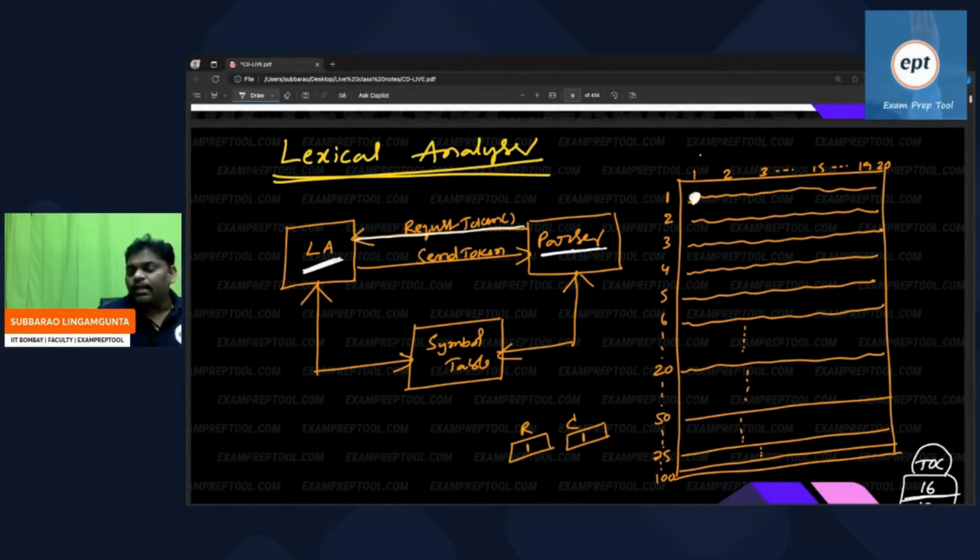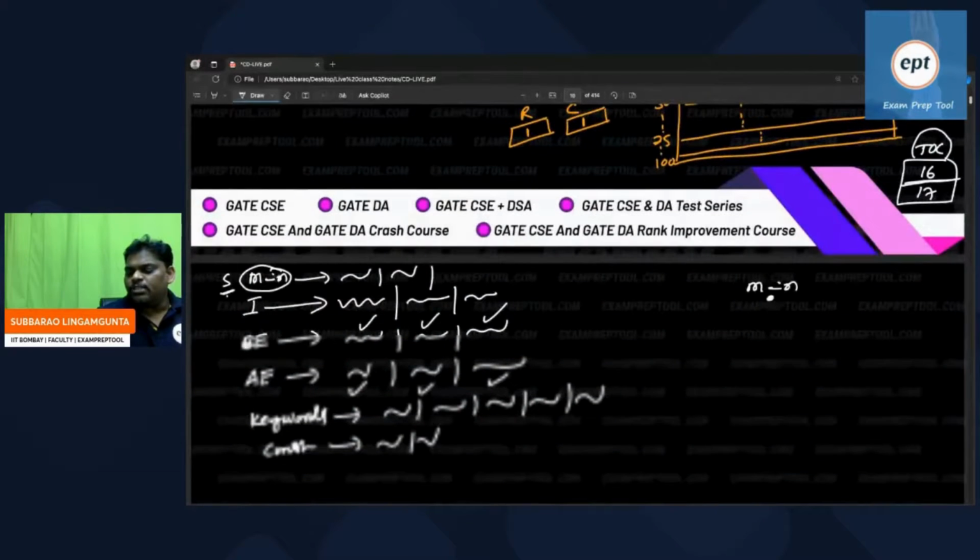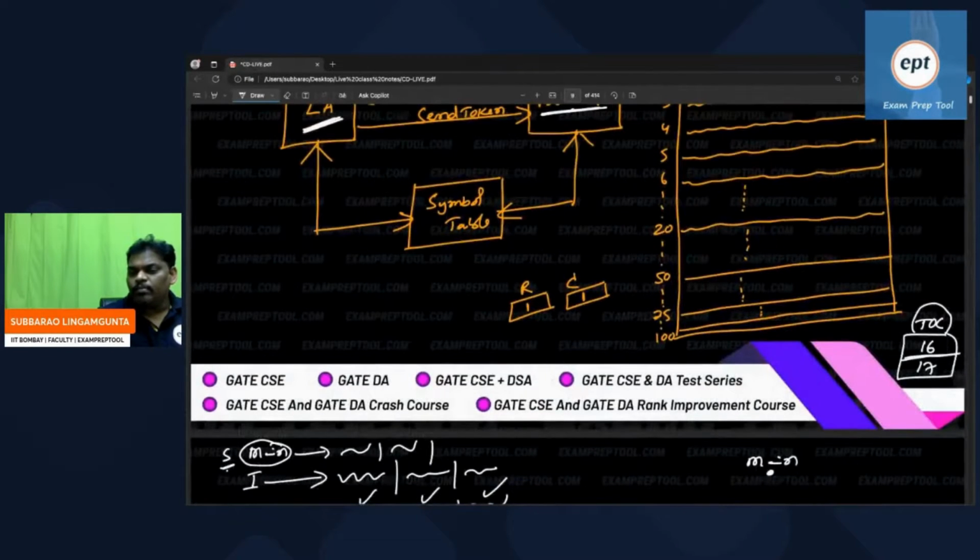The parser is creating a tree. The parser has nothing to do with the program. The parser is there at the start symbol. Can you help me know who is there in the program?